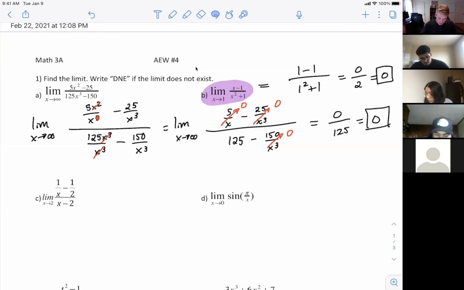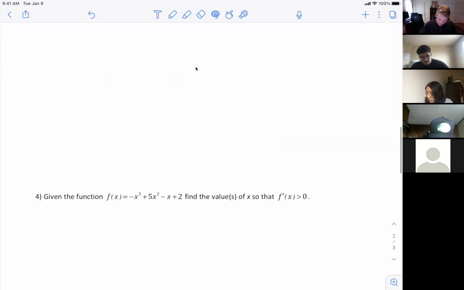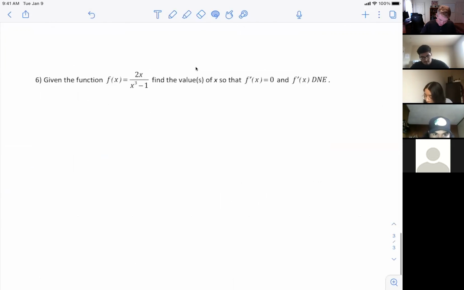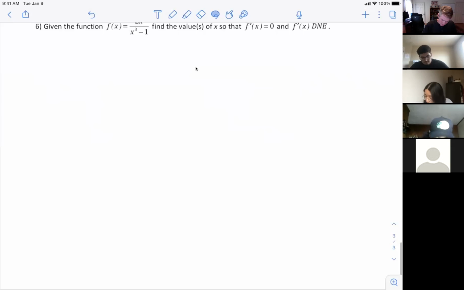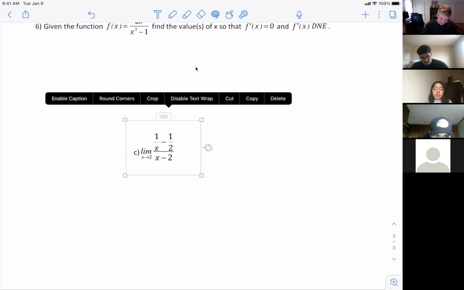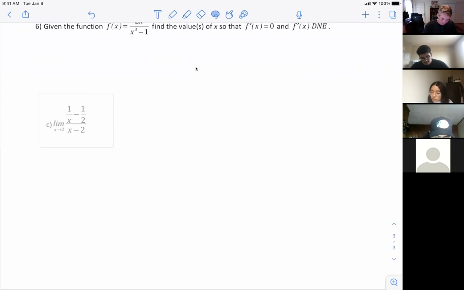Okay, now I'm going to go on to part C, but I want to do part C where I've got some more space. So with this one, a way to do it is use algebra. Right now this is a complex fraction and the least common denominator is 2x.